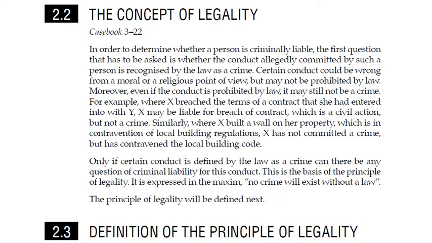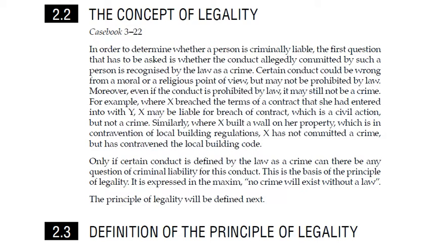Certain conduct could be wrong from a moral or a religious point of view, but may not be prohibited by law. Moreover, even if the conduct is prohibited by law, it may still not be a crime.